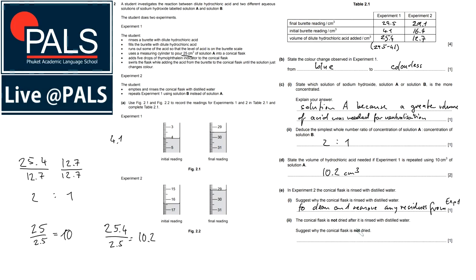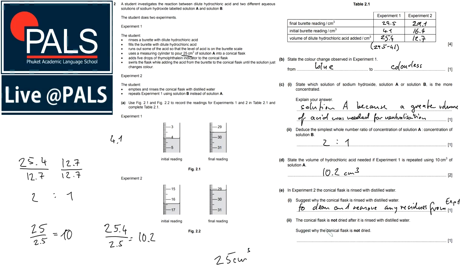So the reason is we don't need to dry it, because we are adding 25 centimeter cube of our solution A or, in this case, solution B. Now this solution B contains a specific number of moles of sodium hydroxide.